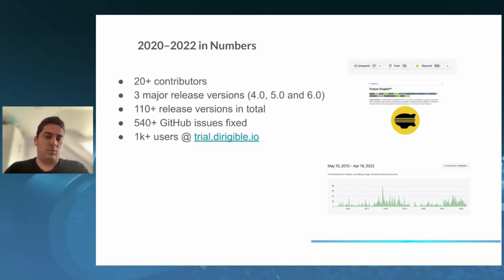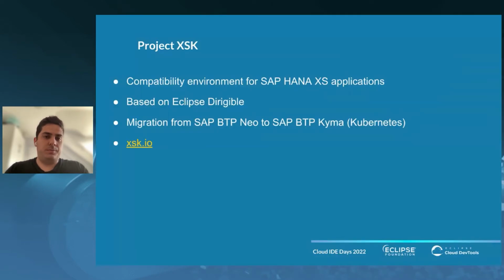We've managed to close more than 500 GitHub issues. Dirigible also has a free trial that can be used at trial.dirigible.io. So far, more than 1,000 users have used Dirigible.